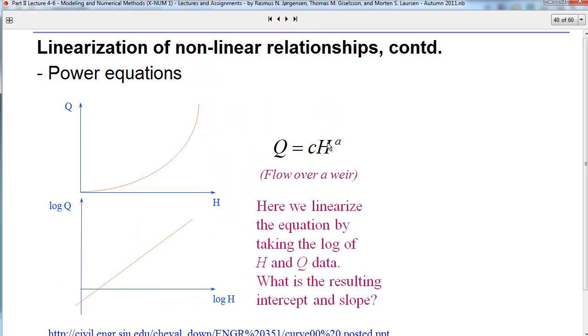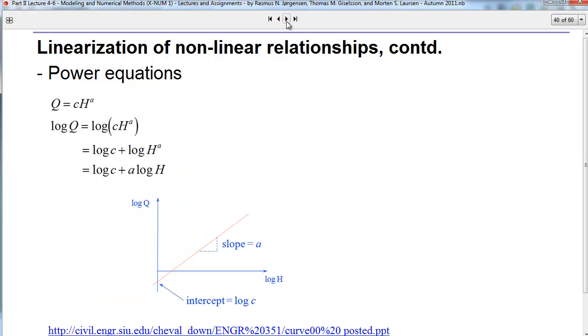And then if you have a power function, like for example the flow over a weir, I don't know if you know what that means. I think it's, if you have a stream, you can block the stream, and then there will be a flow over this dam. What you can do there is, again, you take the logarithm, and what happens then?